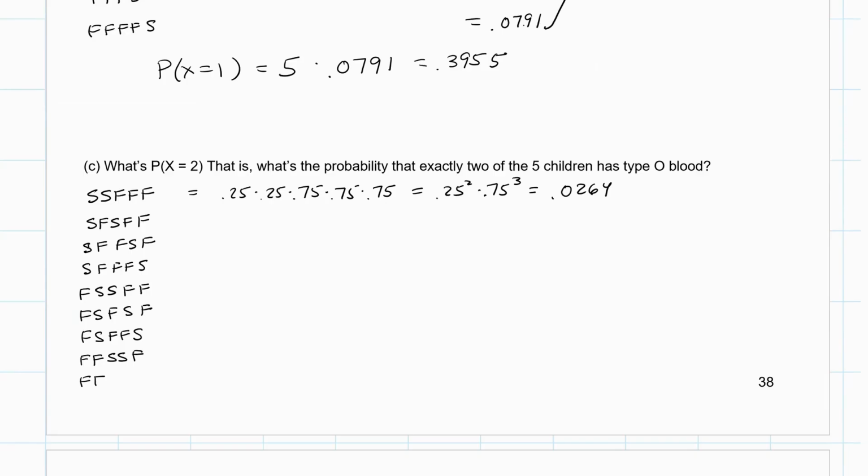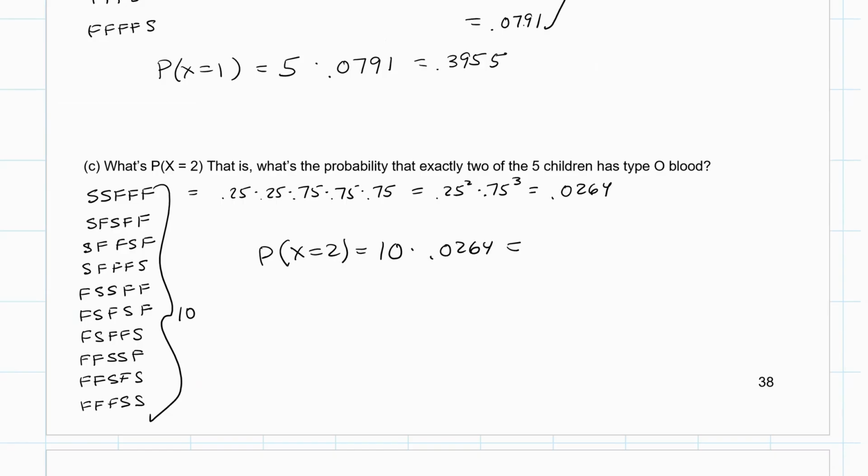Failure, failure, success, failure, success? And lastly, failure, failure, failure, success, success. Well, there are 10 of these. So maybe we can think about the probability of having exactly two successes as 10 times this 0.0264 probability, or 26.4%.